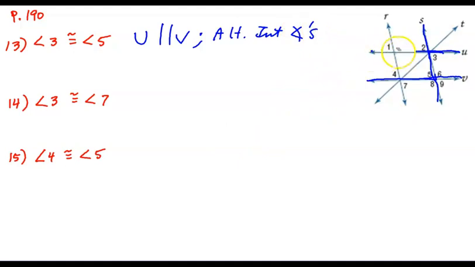14, it was a little tricky when I first saw it. So maybe you ran into the same deal here. So we're told that 3 and 7 are congruent. So here's angle 3, and here's angle 7.